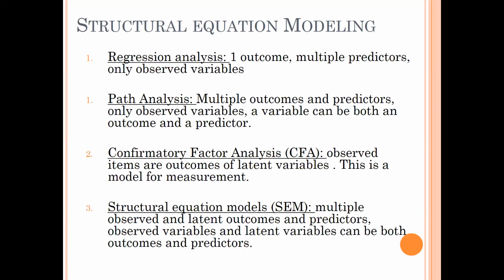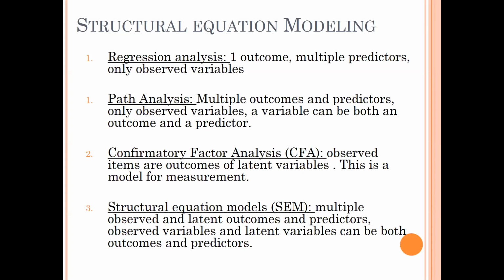So, for example, if you're interested in both work hours and wages as outcomes, if you were doing regression analysis, you'd have to run two regression models. But in path analysis, you can run those two outcomes simultaneously. And it allows you to examine mediation and moderation in a more straightforward way than regression analysis.